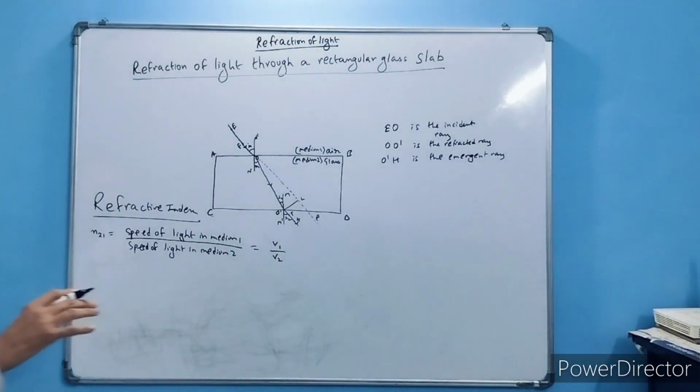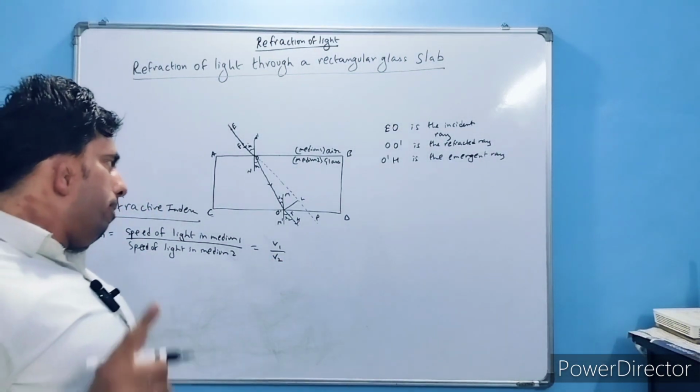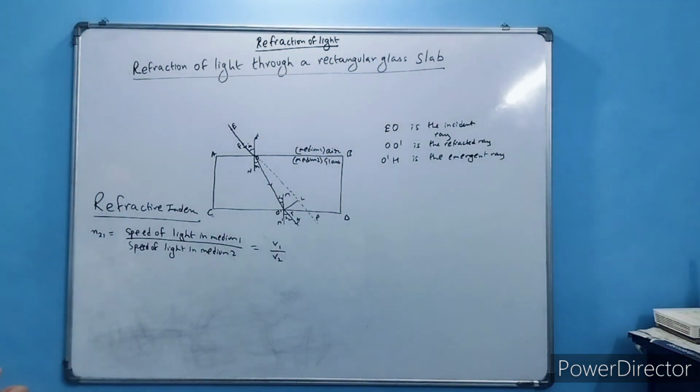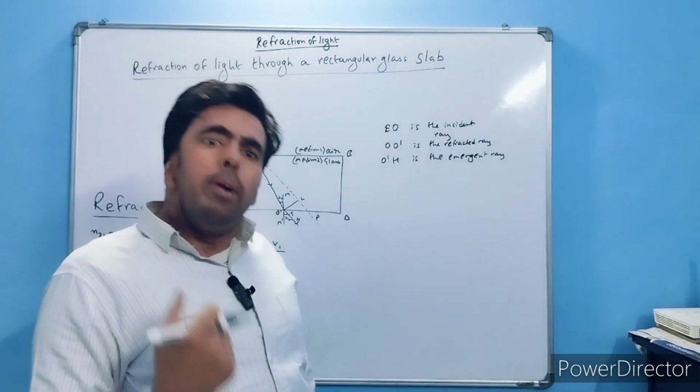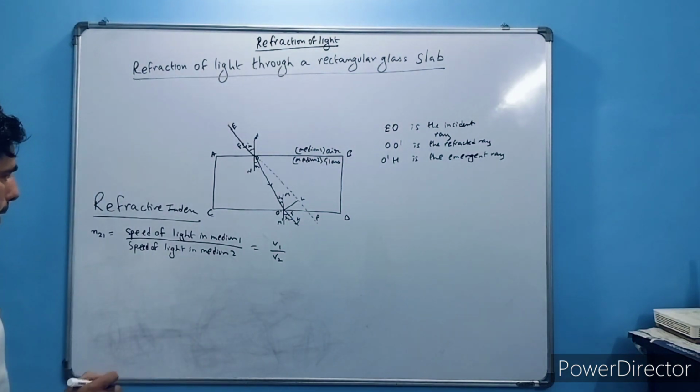If I consider the speed of light in medium 1 as v1 and in medium 2 as v2, then we can write it like this.